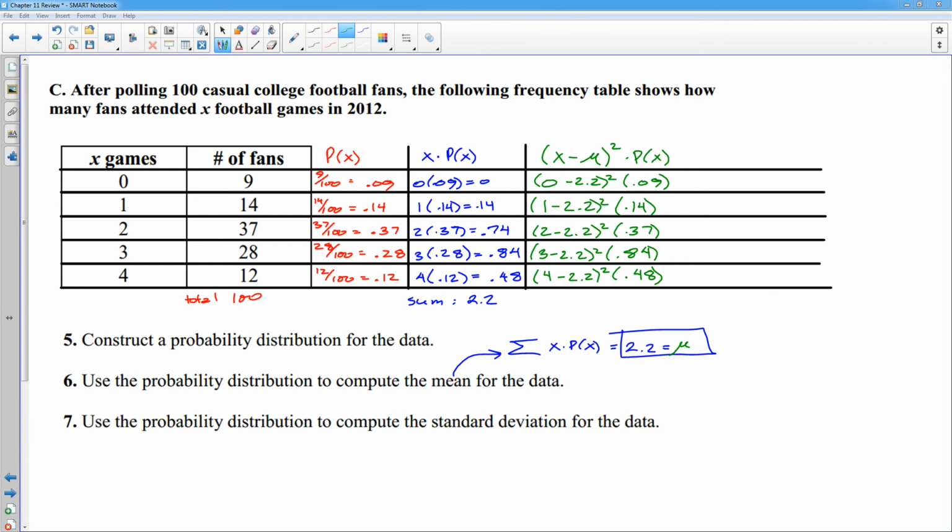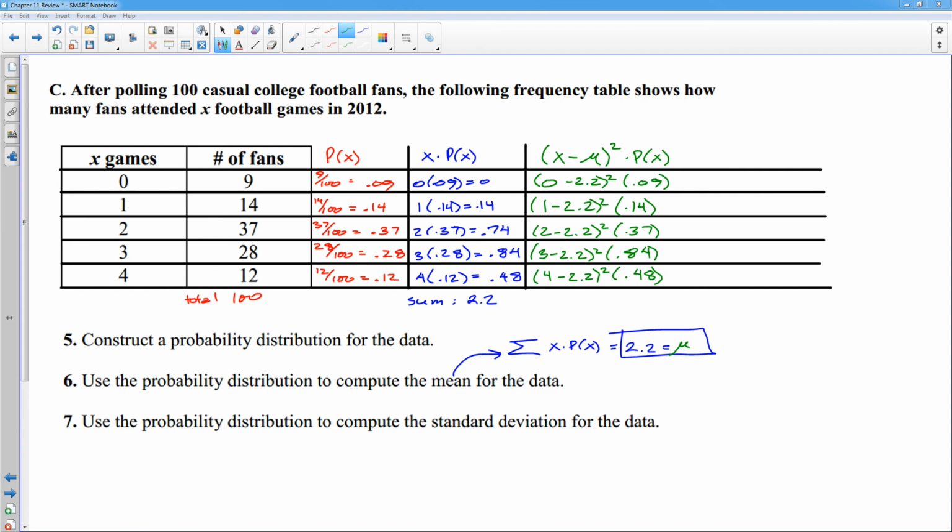And I would recommend that when you're calculating these, a lot of y'all feel like you need to do everything like you're on a scientific calculator, where you'll do 0 minus 2.2, then square that answer, and then times 0.09, which is okay, but you sometimes make silly mistakes accidentally by doing that.